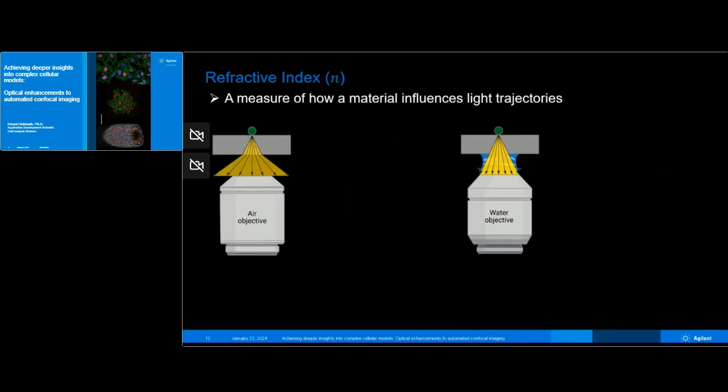As you can see on the left here with an air objective, as light passes from your sample through, say, a cover slip or the bottom of a well, it's going to pass through at some degree. But then when it hits a material such as air, which has a different refractive index, it will cause light to diffract and cause light to be less efficiently collected.